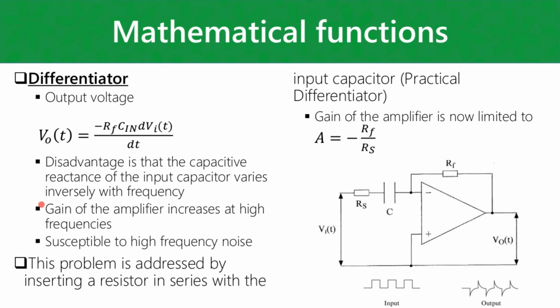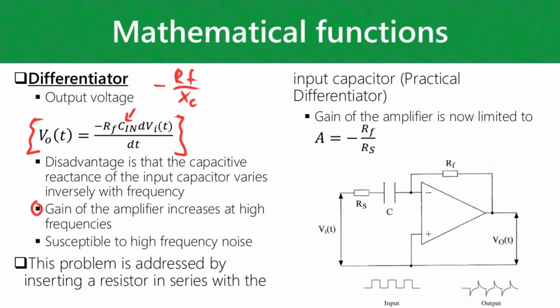For the differentiator, if we take a look at this formula here, your gain is determined by the reactance of your capacitor. You kind of have a dynamic gain, so I'm going to have RF over XC essentially.